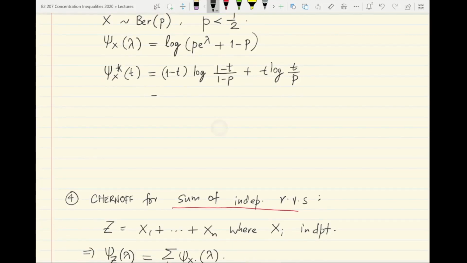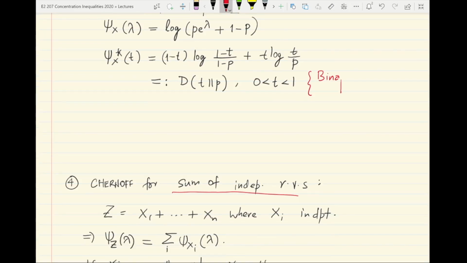which, to some of you who have seen some amount of information theory or related areas, is exactly what is called the binary relative entropy of t versus p for t lying between 0 and 1. This is a very important object in information theory and statistics.